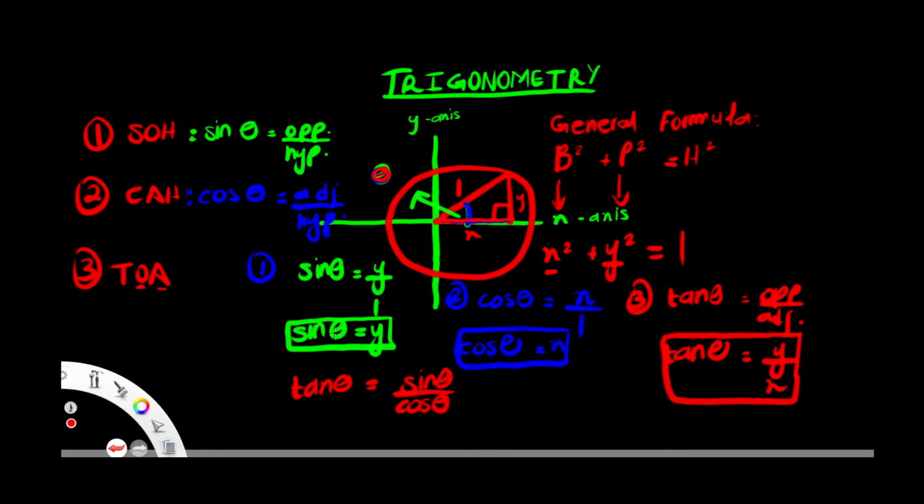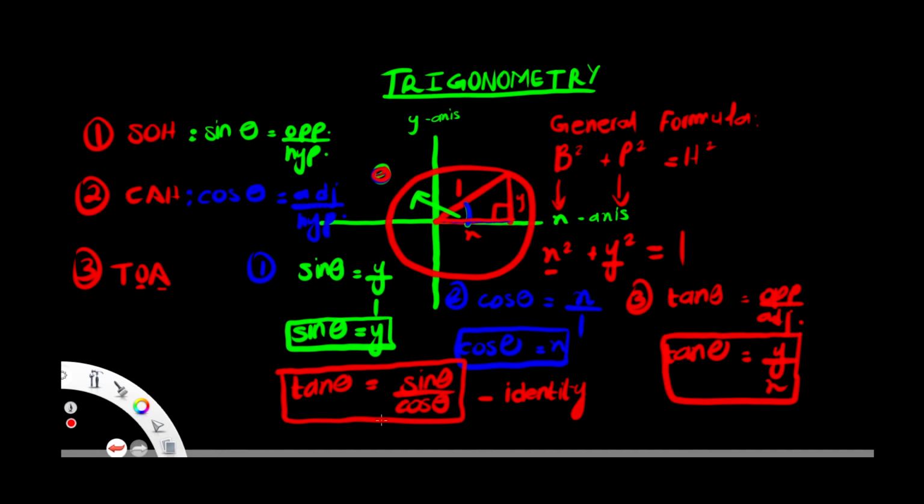Because sine theta equals y and cos theta equals x. And if we plug in the sine theta and the cos theta, we get, in fact, an identity. So this thing is known as an identity. And we are going to study trigonometric identities in our next video. So this is one of the first identities in our syllabus.